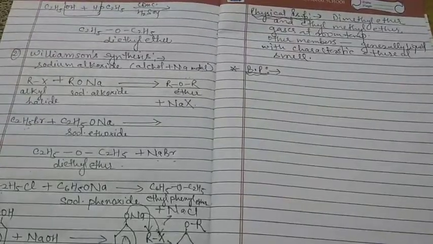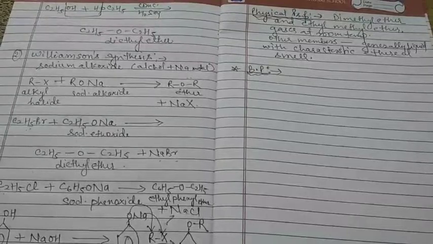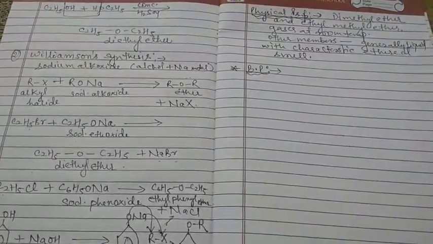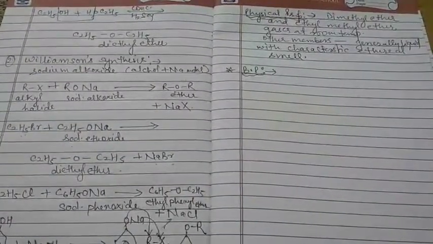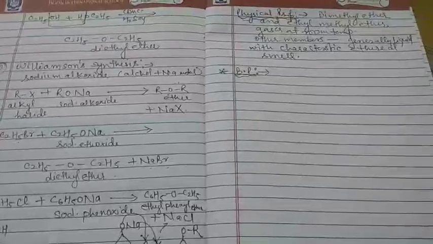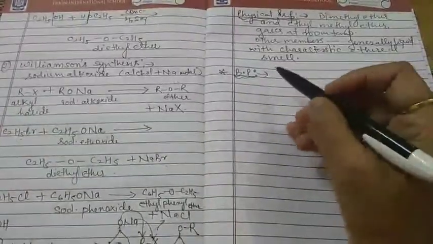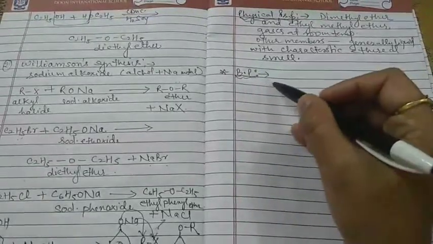The reason is that in ethers there is no hydrogen bonding, that's why their boiling point is very low in comparison to alcohols, because we know very well that if the boiling point or melting point is high, there is definitely hydrogen bonding.